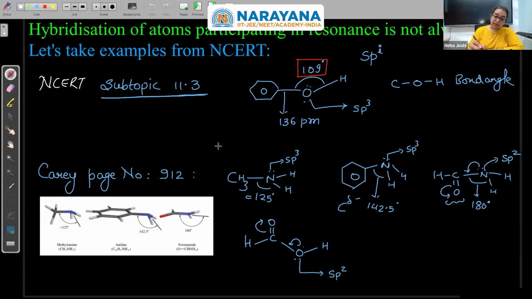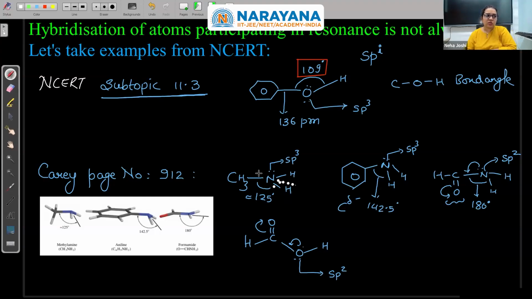What they're saying is that if there was planarity, and I consider an angle between CH3-N and the angle bisector of HNH, this angle should have been 180. Then only I could have said that this is planar. But what is observed is that this angle is found to be 125 degrees. So definitely it is not planar, it is sp3.